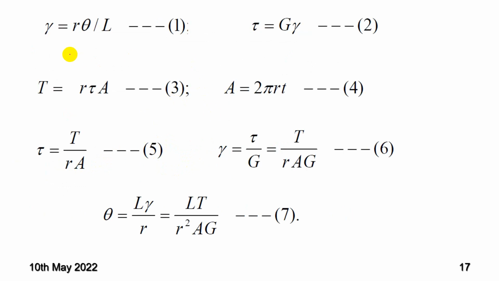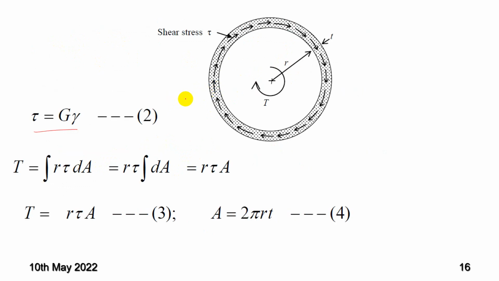we will see how to get a relationship. The torque T can be defined as the integral of r tau into dA.